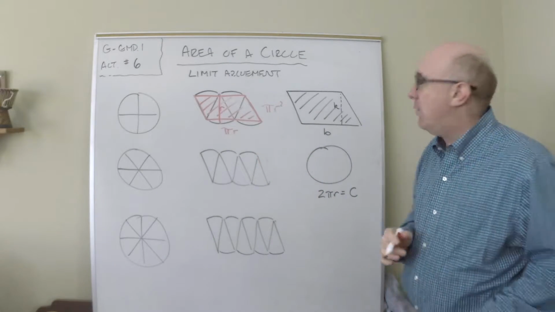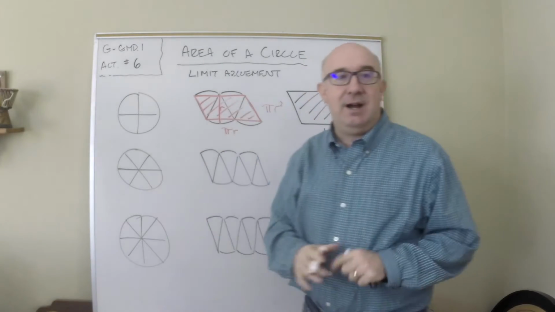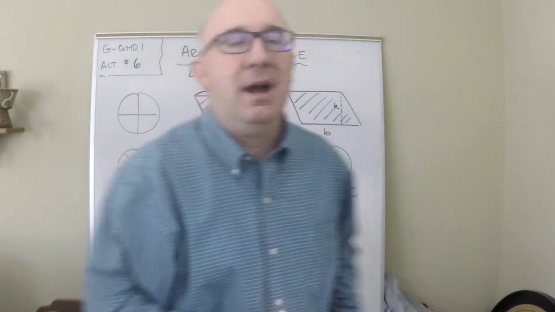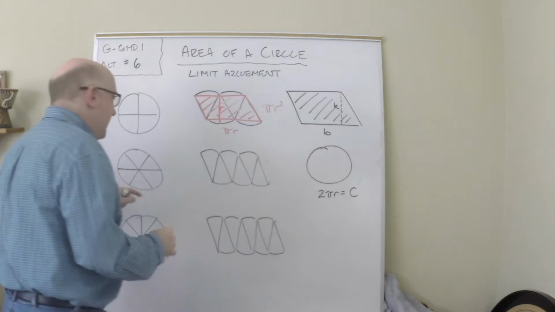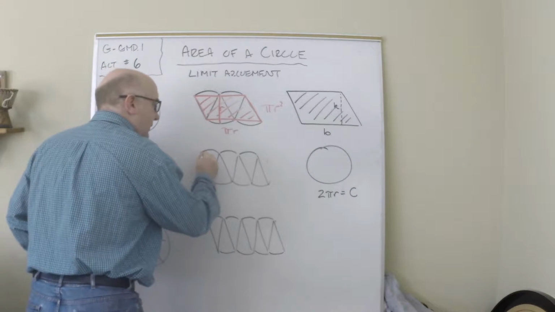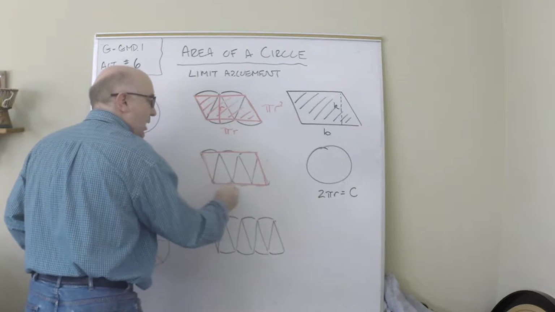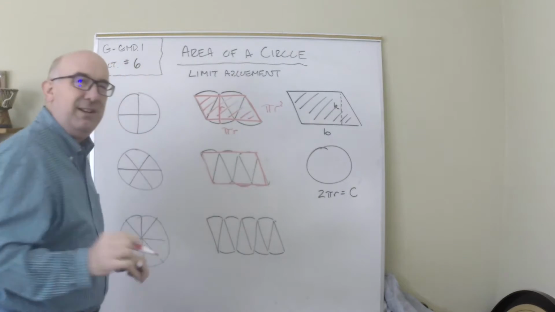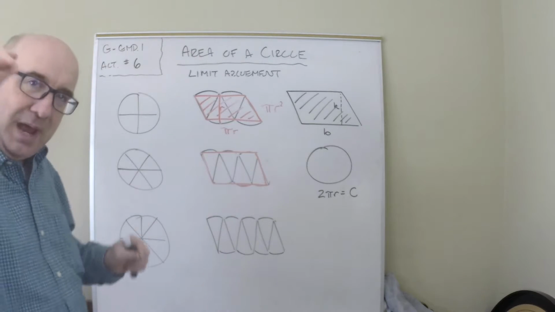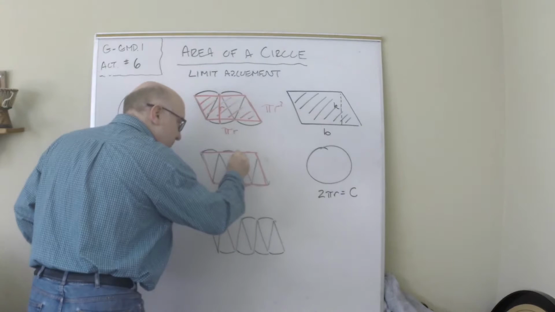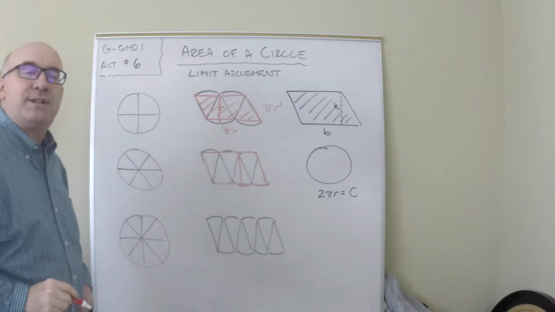But what happens if we go back to our circle and cut it in 6 pieces instead of 4? We find that when we do that, all of a sudden things are looking up, because do you see how the arcs are just barely stretching past the parallelogram, and that radius is just barely going outside of that.